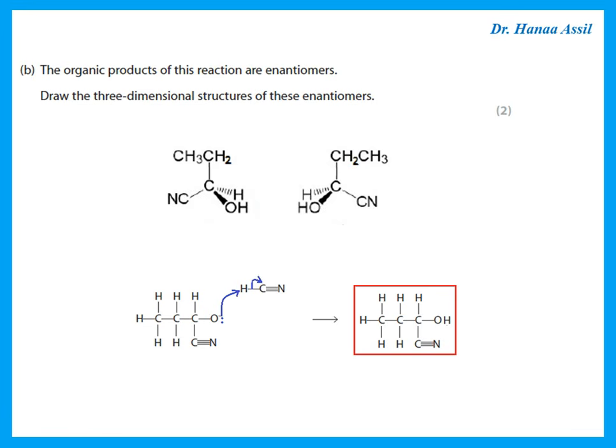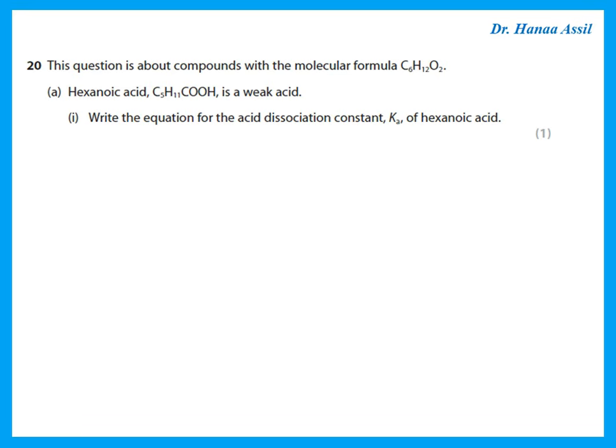The dotted line indicates that the hydrogen is to the back of the molecule. So the OH is in front, the H is back, and then we draw the mirror image. Remember that in order to draw the two enantiomers, you imagine that there is a mirror in between and you have to draw the mirror image of the first enantiomer.